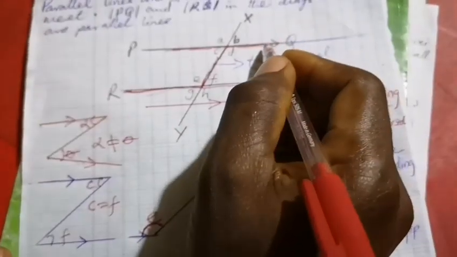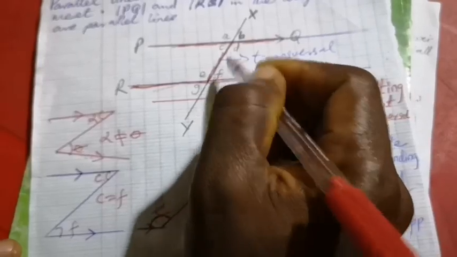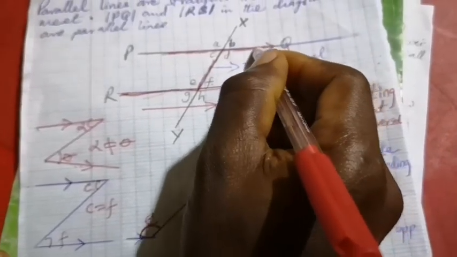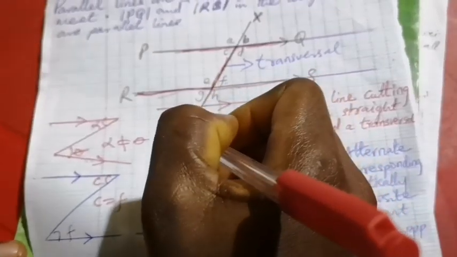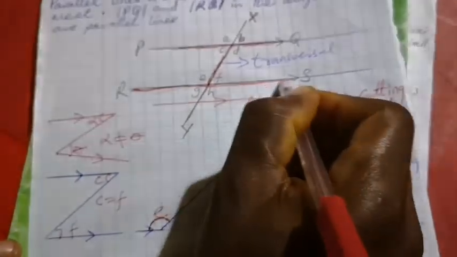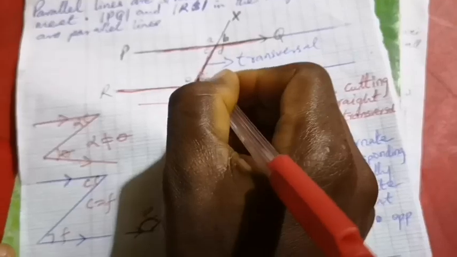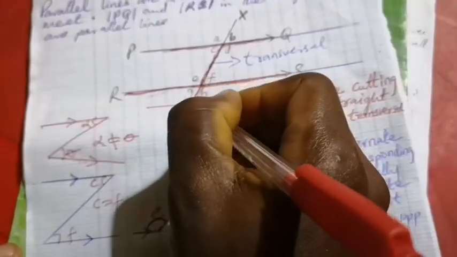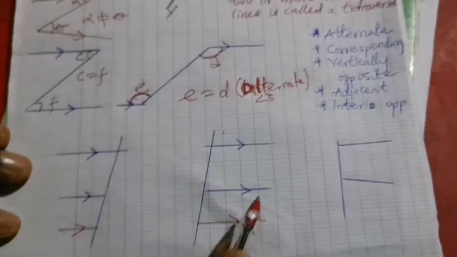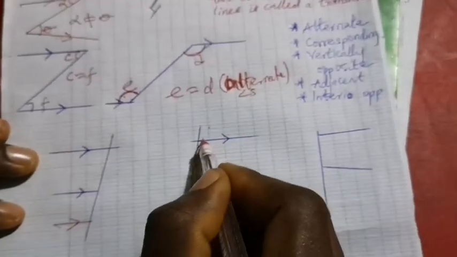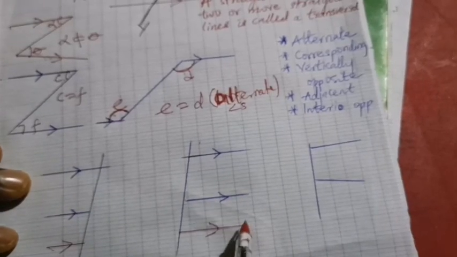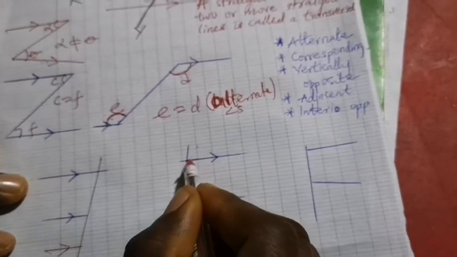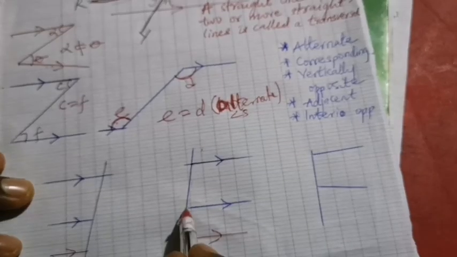So I will try to trace out something like F. So let me start this way. From here, I will come down. Then I will now move this way. So I am now having something like this, then coming down. So if I bring it out, I have it here, this one with blue ink. Look at it here, and this way.